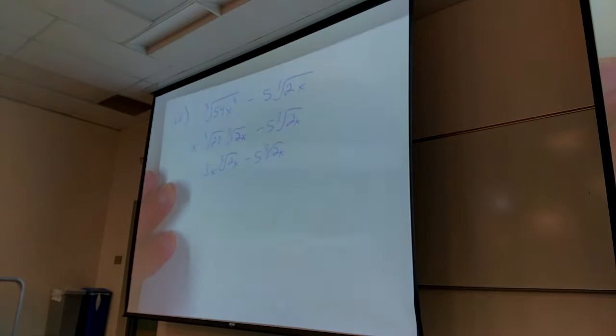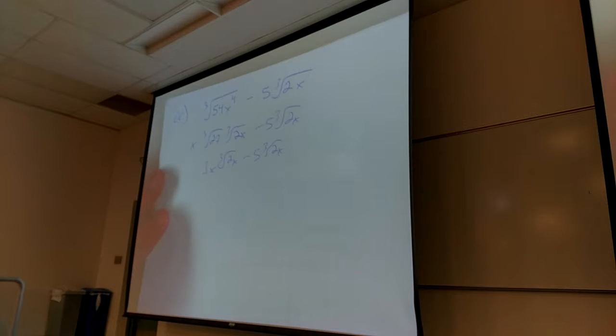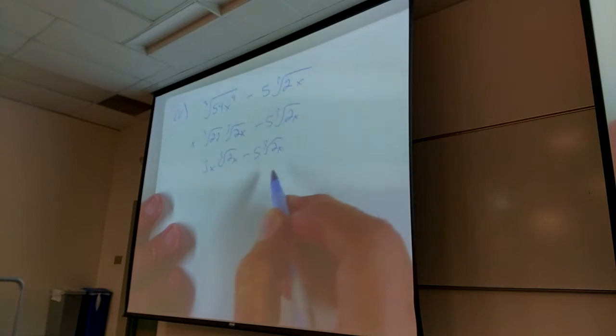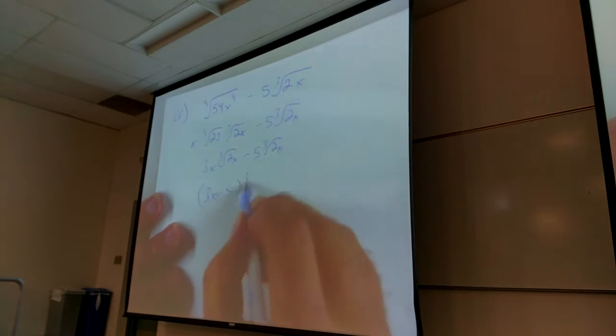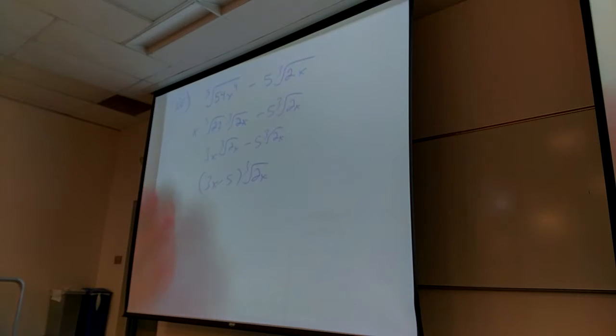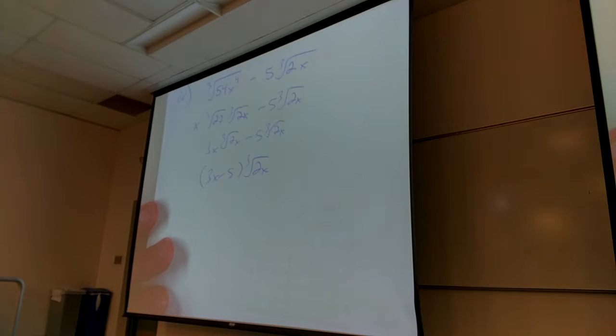Now it looks like you can't go any further, and in one sense you're right, so I'm not going to be overly angry if you don't go one more step. The next step you could sort of take, it's a little bit weird, is you can factor out a cube root of 2x. Which, to be honest, is what we do when we combine like terms.